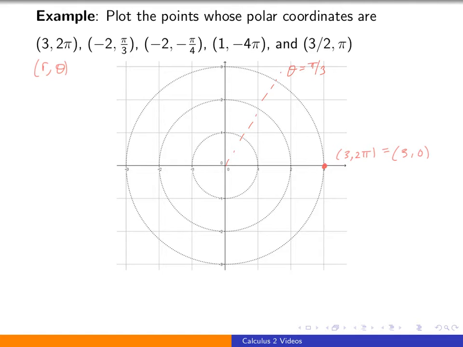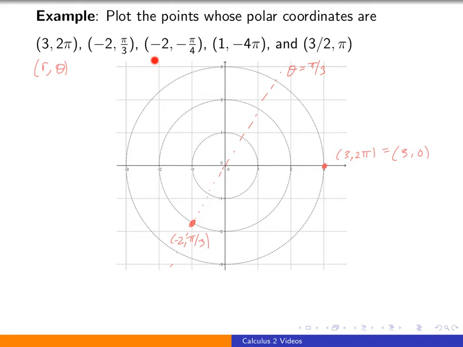It turns out that if the r value is negative, instead of going along that ray theta equals pi over 3, what you do is you extend it in the opposite direction, and when the r value is negative, you go along that new ray. So minus 2 would put us 2 units away, on this circle of radius 2, and we would have the point minus 2 comma pi over 3.